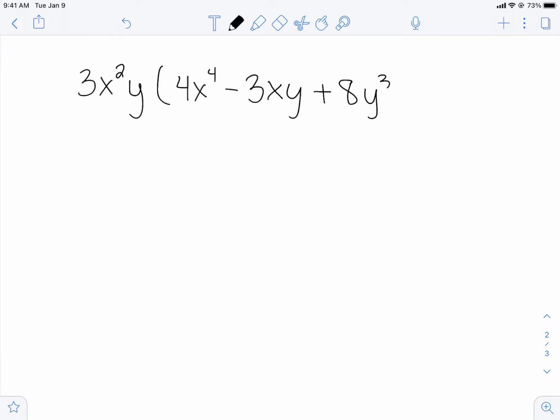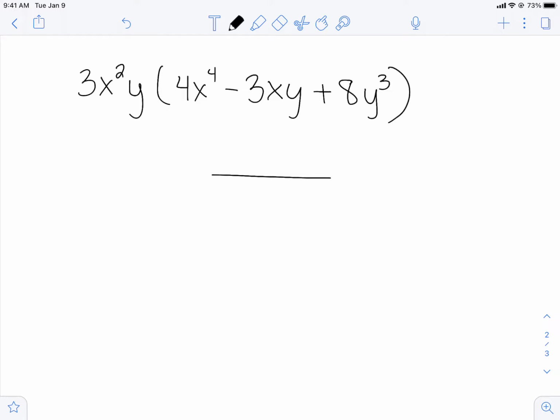If I had 3x squared y, and I'm going to multiply it times 4x to the fourth minus 3xy plus 8y cubed. Okay, so again, I have a monomial times a trinomial.